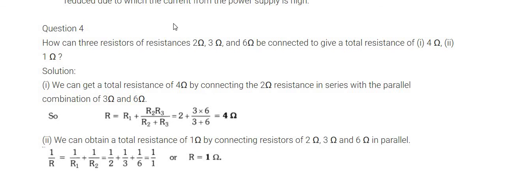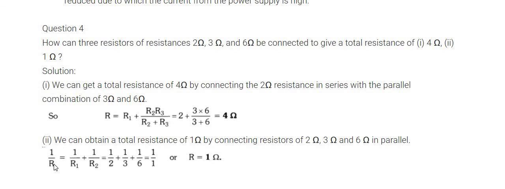The second question is how can we get 1 ohm. We can obtain the total resistance of 1 ohm by connecting these three resistances in parallel. If we connect these three resistances in parallel, then we get the final equivalent resistance of 1 ohm.